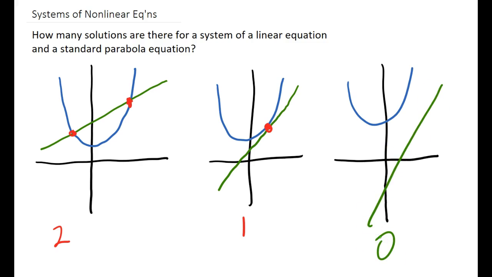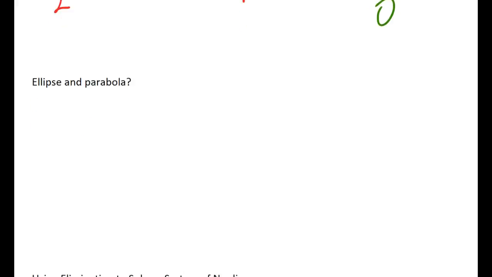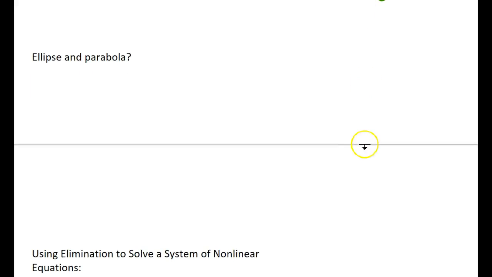Okay, so depending on what conic section you're working with and how they are graphed in relation to each other, you can have any number of possibilities. For example, how about with an ellipse and a parabola?